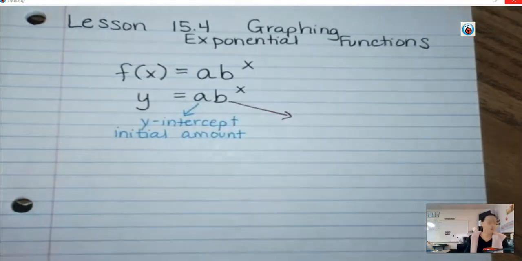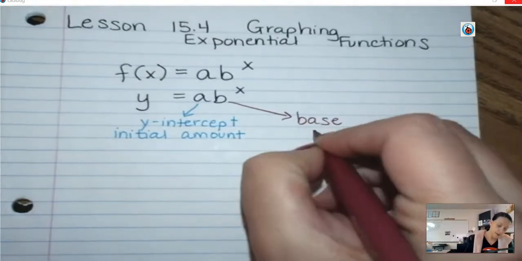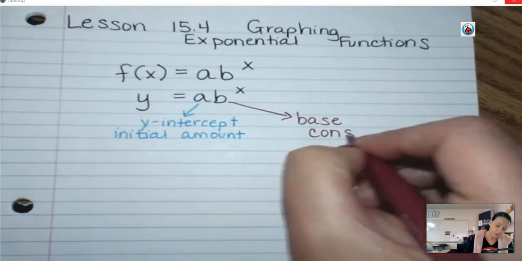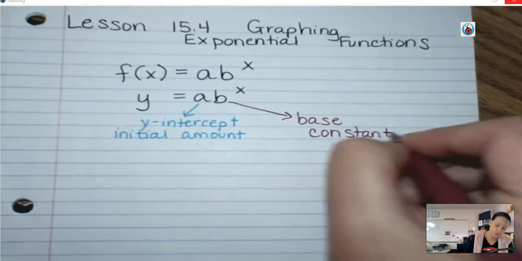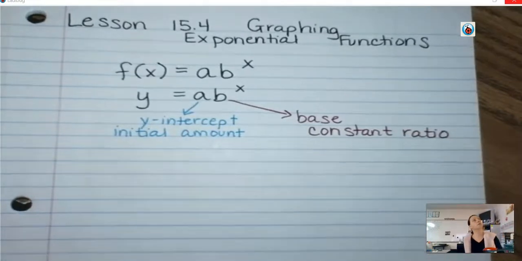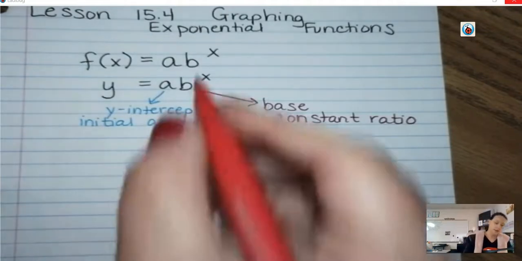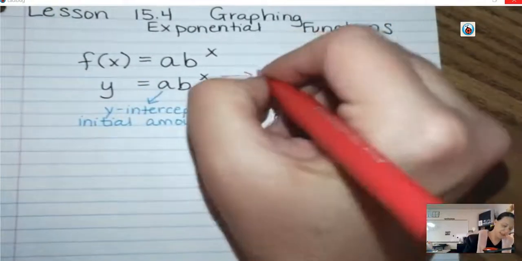The b represents the base, or the constant ratio. And the x typically stands for the time.